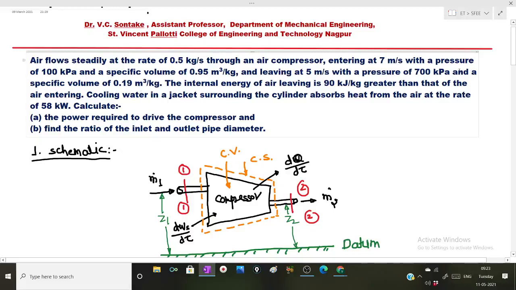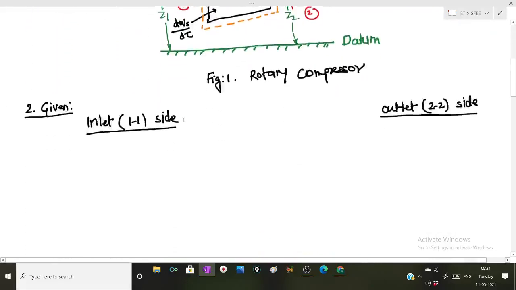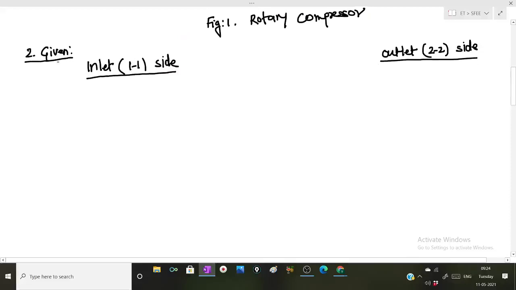So C1, P1 and small v1 are given. Similarly, at outlet, velocity C2 is 5 meter per second, P2 is 700 kilopascal, and specific volume small v2 is 0.19 meter cube per kg. Internal energy at outlet is 90 kilojoule greater, that means U2 is 90 kilojoule per kg plus U1. Let us enlist all these things first.